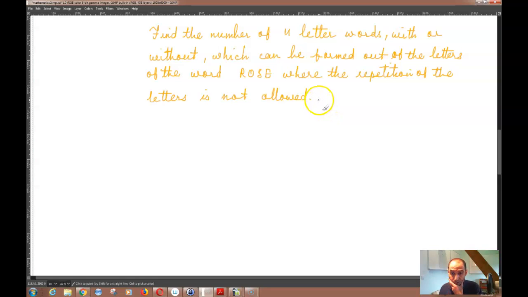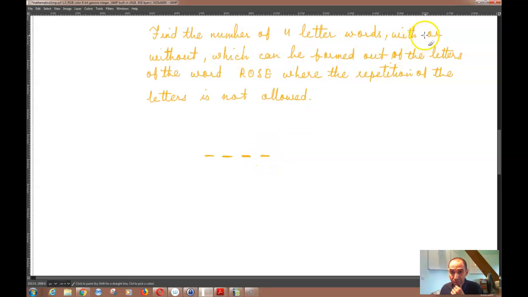Now, in order to understand the question, you want to find the number of 4-letter words, meaning the word has to have 4 letters, with or without meaning.